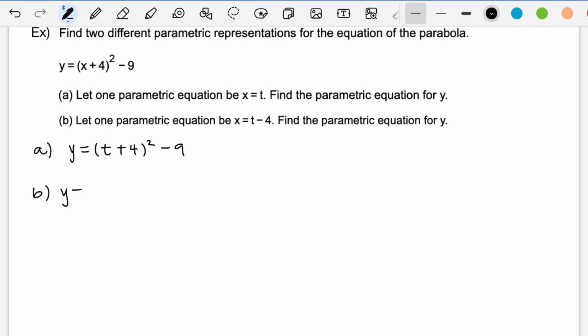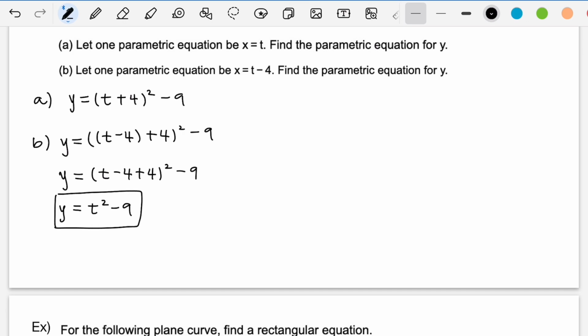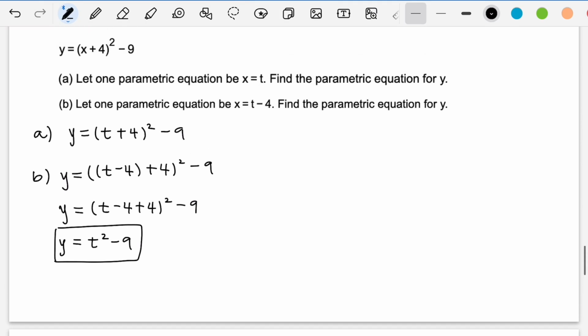So again, we're just going to plug that value in for x. So we get this here. Now this one, we can simplify a little bit. We have (t minus 4 plus 4) squared minus 9. So this ends up just being t squared minus 9. But that's it for that one.